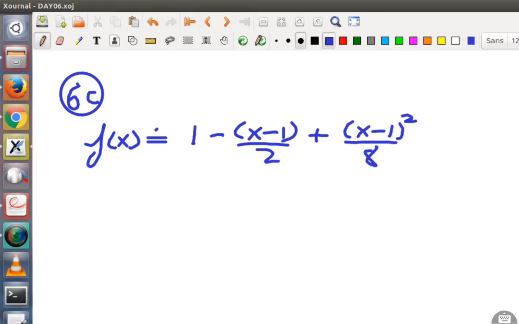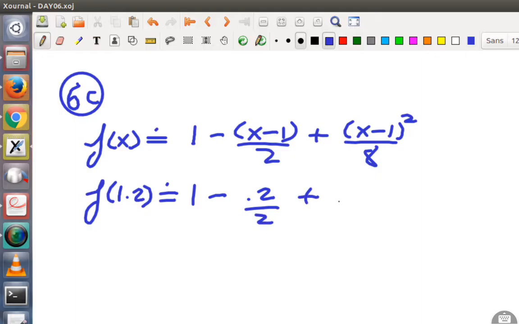So that would be a second degree Taylor polynomial approximation. F of 1.2: if x is 1.2, x minus 1 is 0.2. So you get 1 minus 0.2 over 2 plus 0.2 squared over 8. And this is BC6, no calculator, guys.